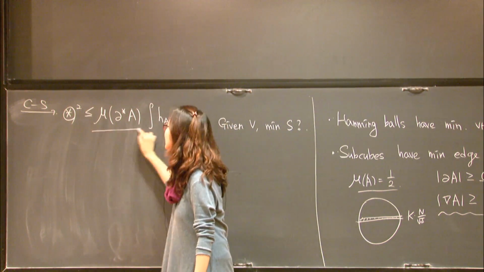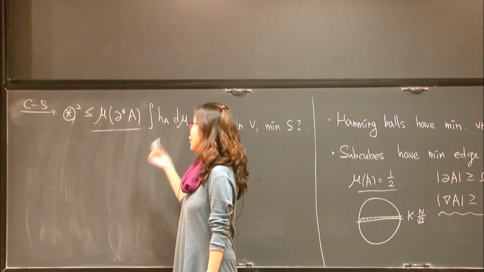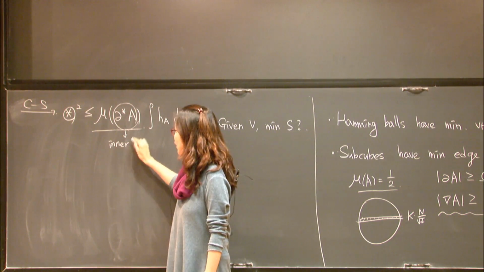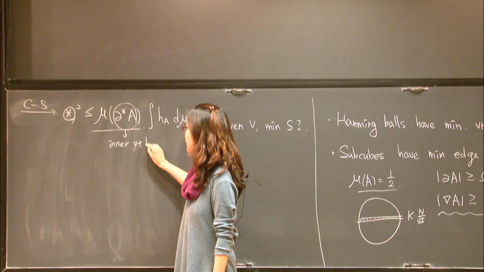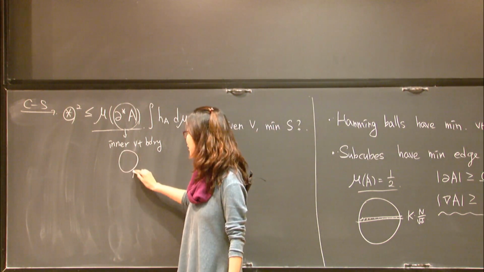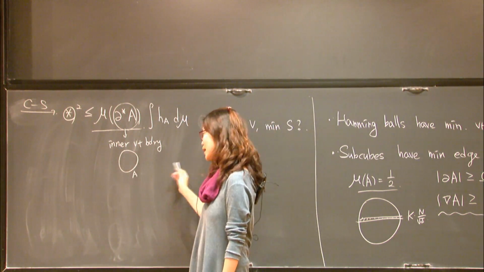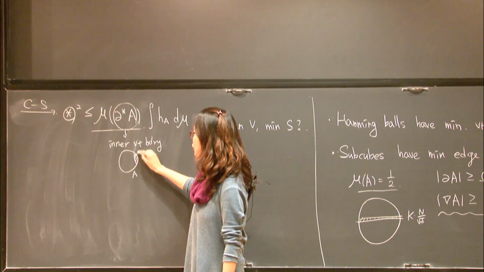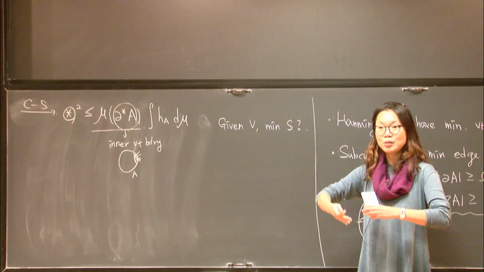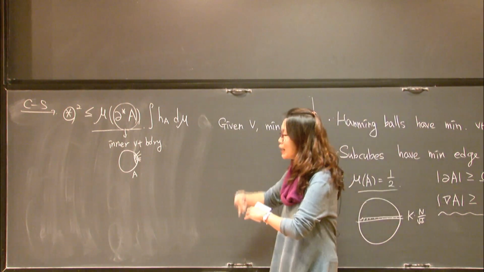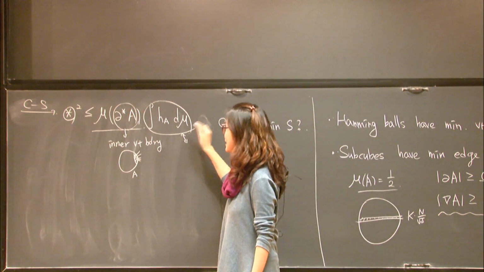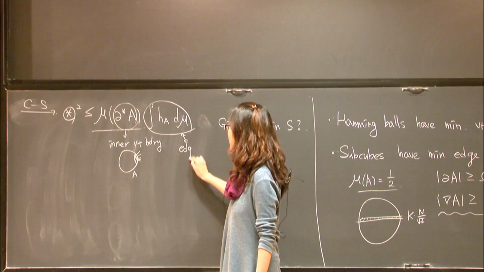The right definition for this one is the inner vertex boundary of A, meaning that when we have A here, then the inner vertex boundary is the set of vertices which have some outside neighbors. So this is indeed the vertex boundary, but it's located inside of A. And this corresponds to the size of the edge boundary.